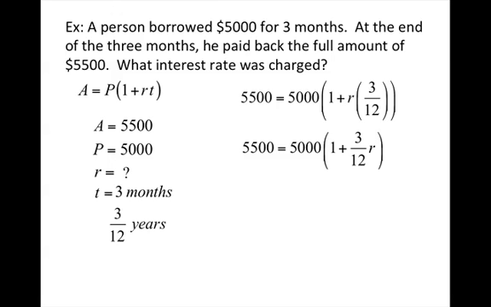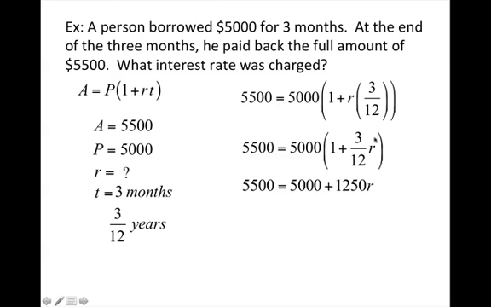Sometimes when I do this, my fraction goes away and it makes the problem a little easier to work. If I distribute the 5,000, I get 5,500 equals, well, the 5,000 times 1 gives me 5,000. And then 5,000 times 3/12 is 1,250. And you can do that on your calculator.